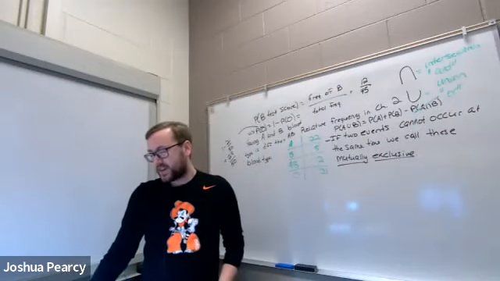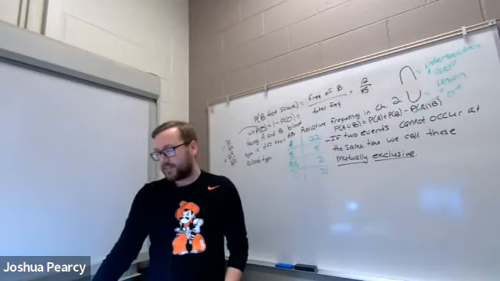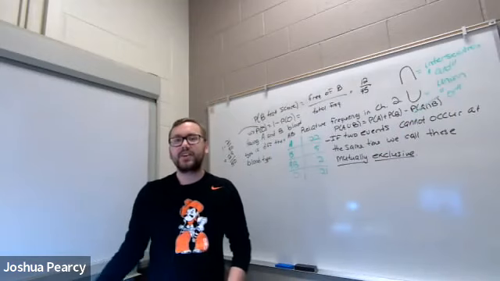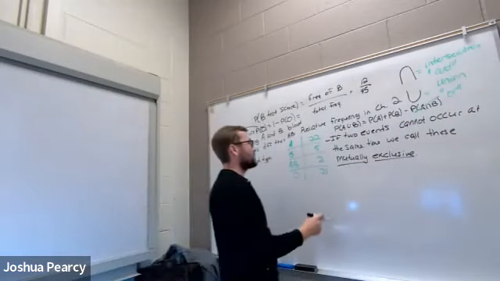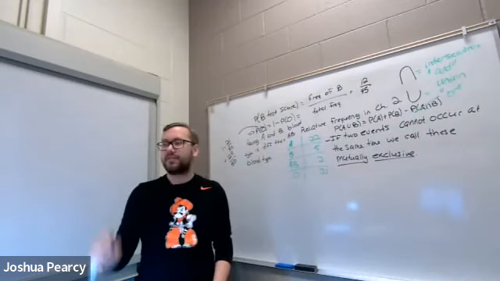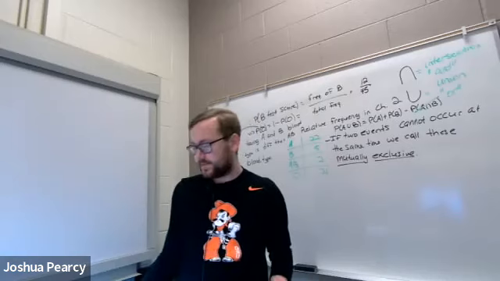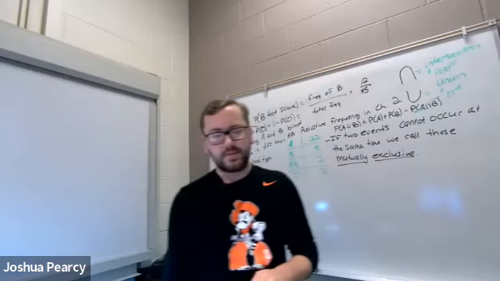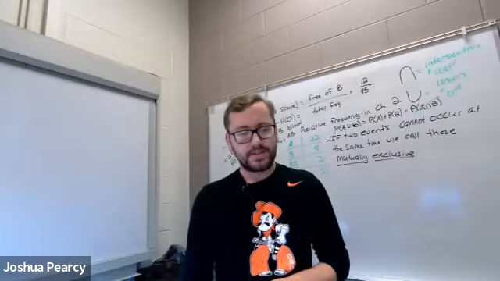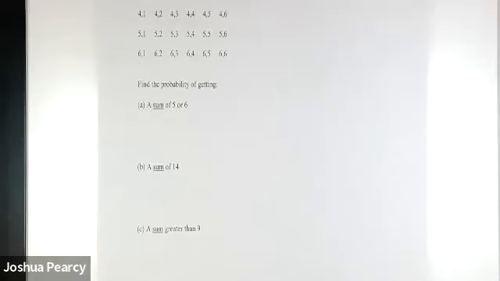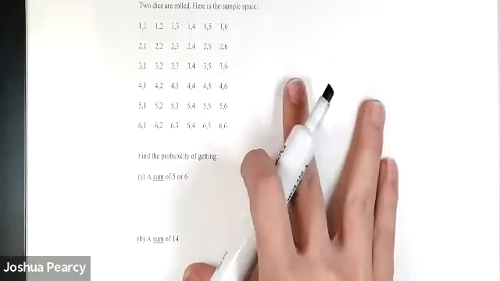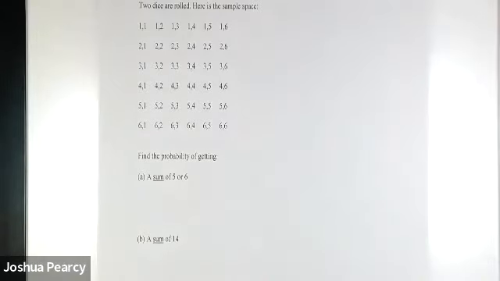So the first one says find the probability of getting a sum of 5 or a 6. So these two can't occur at the same time. So I'm just going to look at the probability of getting a sum of 5 and then add that to the probability of getting a sum of 6. So let's go back to the document camera. Let's look at which ways I can get a 5 first.